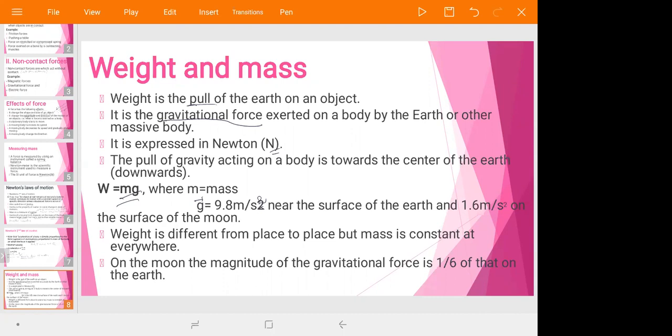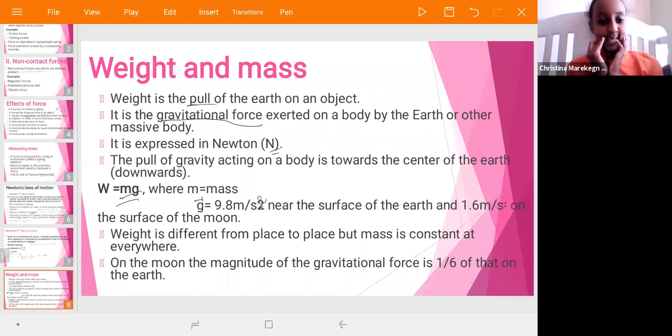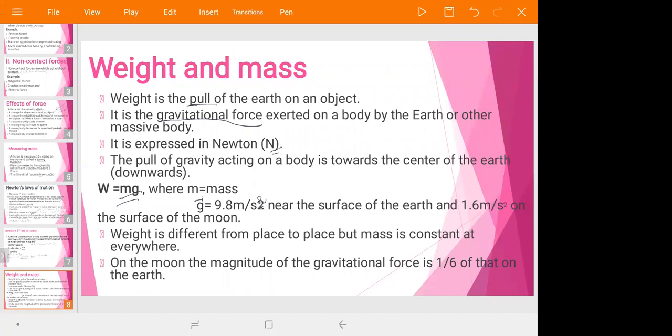This means that on the moon's surface, the weight of a body is 1/6 of that on the earth. Therefore, weight is different from place to place, but mass is constant everywhere.